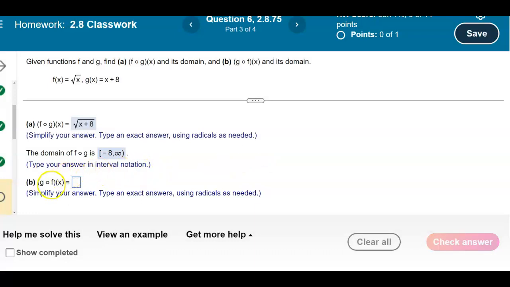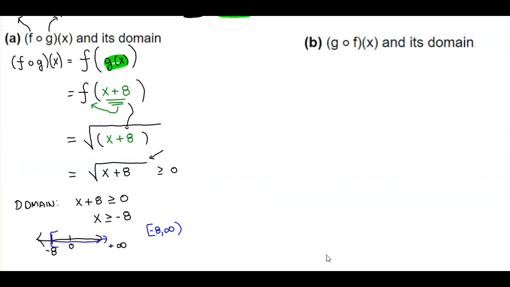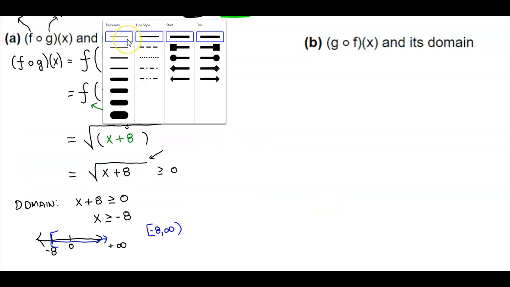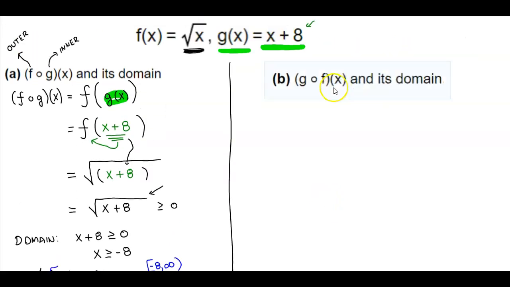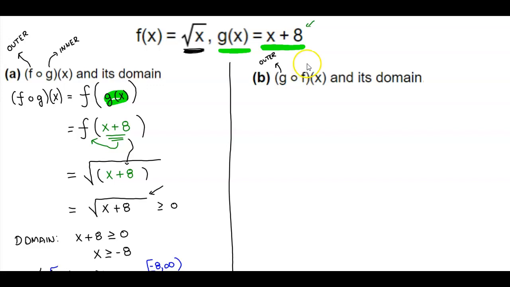Now we need to find g composite f of x. Let's go ahead and do that. So that's the second one over here. We're going to find g composite f of x and its domain. So we're going to write the definition. Keep in mind here that g now is the outer function, and f is going to represent the inner function.